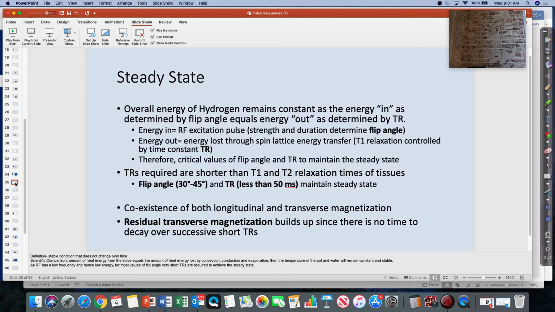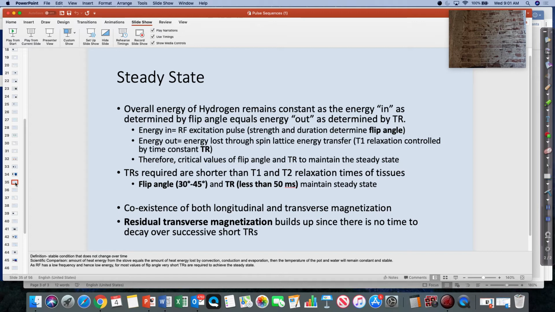Anytime you have flip angles less than 90 degrees, you maintain some of that longitudinal magnetization. After about 3 or 4 iterations of our TR, with signal decaying and signal regrowing, we maintain a steady state where the flip angle stays constant and the amount of residual transverse magnetization is equivalent to the longitudinal magnetization.